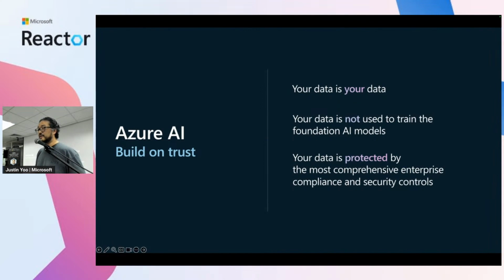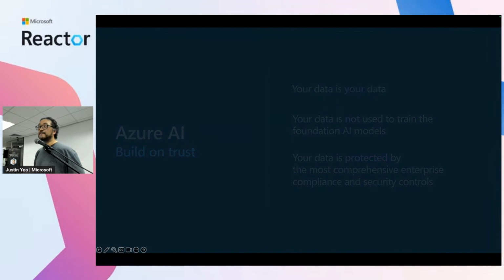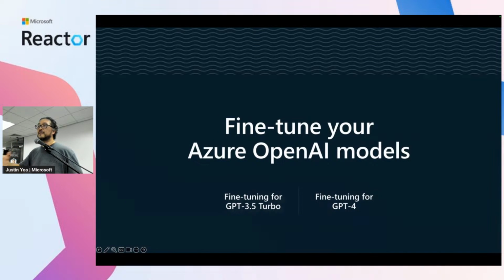So that kind of data is kept secure in their subscription in the same region, reflecting Azure's commitment to data security. So if you are selling Azure AI Studio or OpenAI models to your customers, or even using them within your organization, don't worry about that. This is one of our most important commitments.